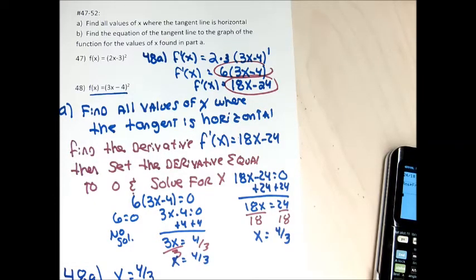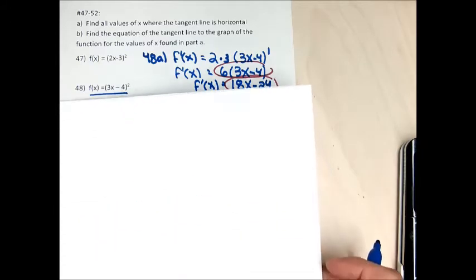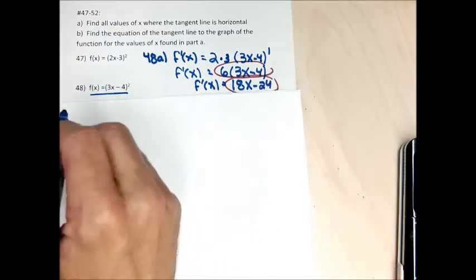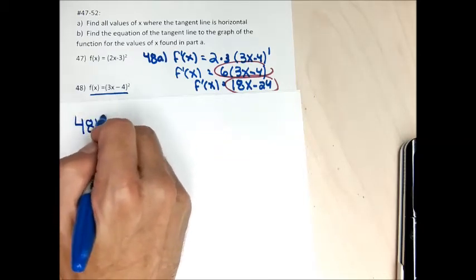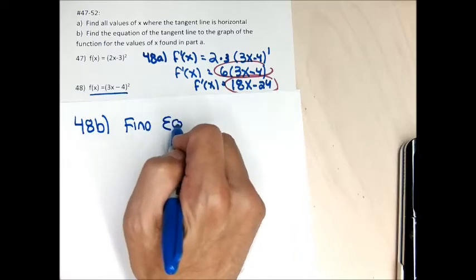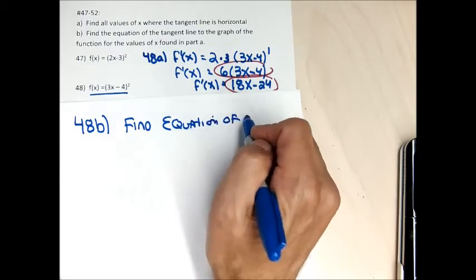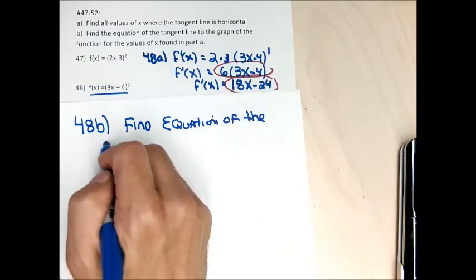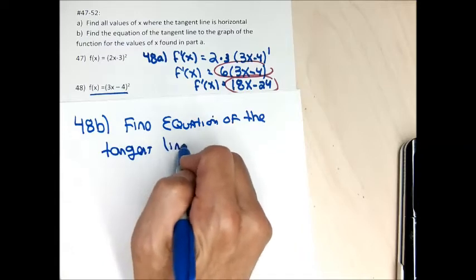So part B wants me to find the equation of a tangent line, and in order to find an equation for a line, you need two things. You need a slope and a point. So for 48b, to find the equation of the tangent line, I need two things.